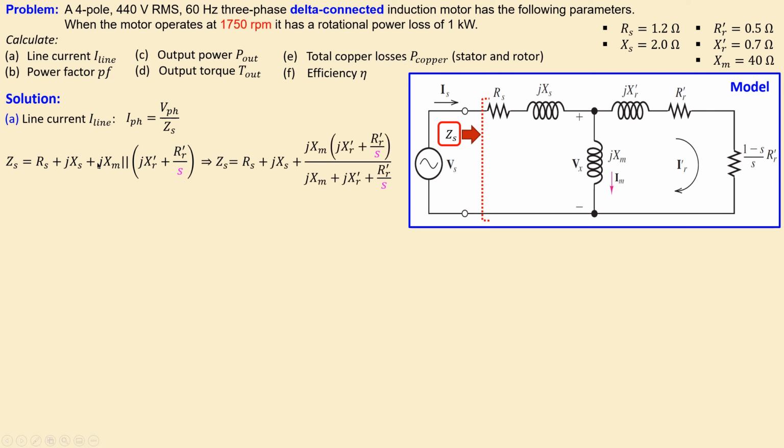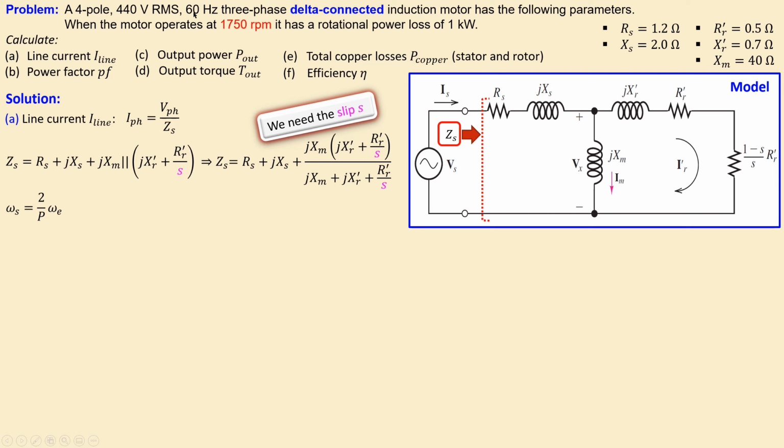We can rewrite this, but we know that we require the slip. The other parameters we know from the information in the exercise. So how do we calculate slip? Before we do that, we need the synchronous speed, which is given by this expression. Synchronous speed in radians per second is equal to 2 over the number of poles times the electrical speed.